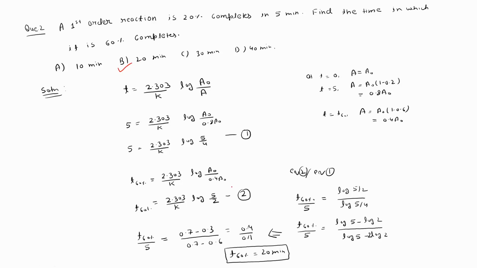Okay. Then we will solve another example, another type of question. Question number 3. The above questions were simply A gives product type of reaction. It is given that it is a first order reaction.